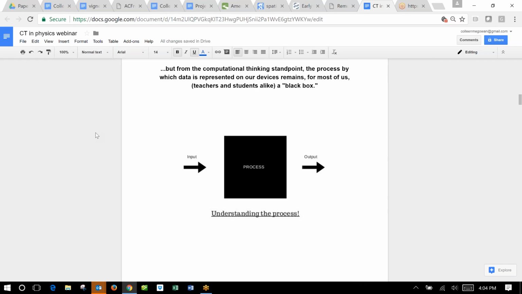So when we talk about computational thinking, and in particular when we get at it by having students actually write code or read code or modify code, it is to get inside that black box and take a peek at the processes that are going on and try to understand those processes.